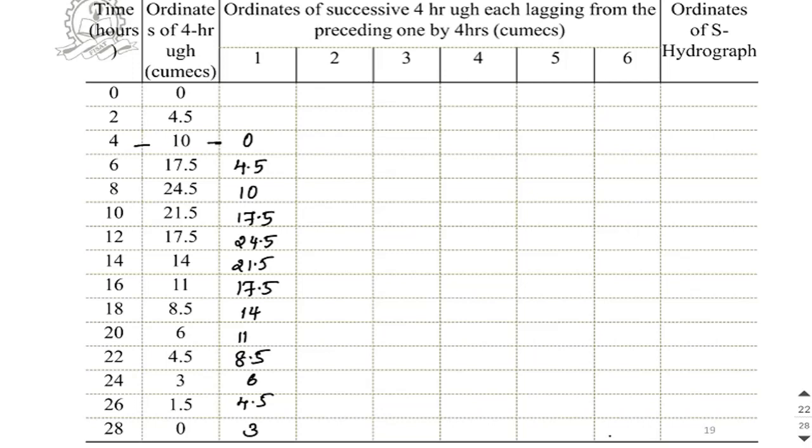Then for the next one, there is again a lag of 4 hours, so you write here 0, 4.5, like that up to here. The next one again has a 4-hour lag, 0, 4.5, like that.